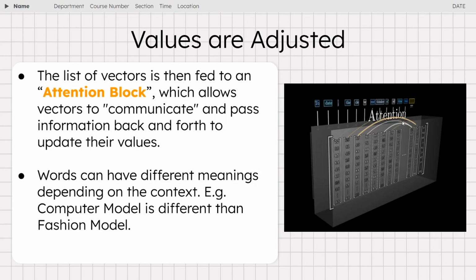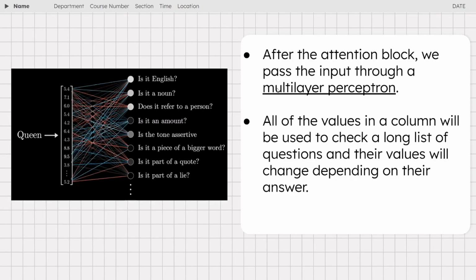And from the attention block, it passes to a multi-layer perceptron, which is more familiar because this is the example that we watched in the previous videos about neural networks, with handwritten digit recognition. As you may remember, all of these values are used in a weighted sum to calculate the activation of a node, all of these going to each node essentially.